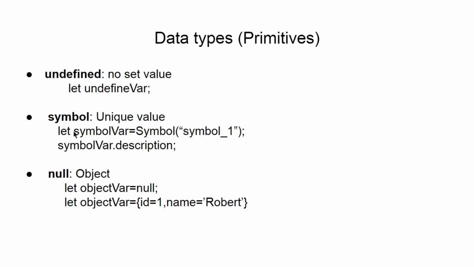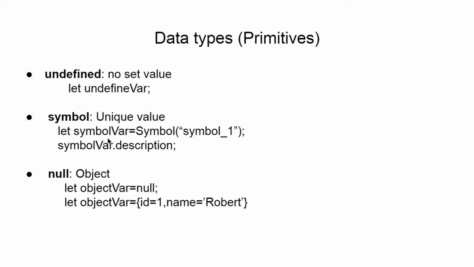If you want to access the unique value, you have to use the number of the variable. Okay, you can even declare another symbol variable using the same description. But internally, they are going to have different values.